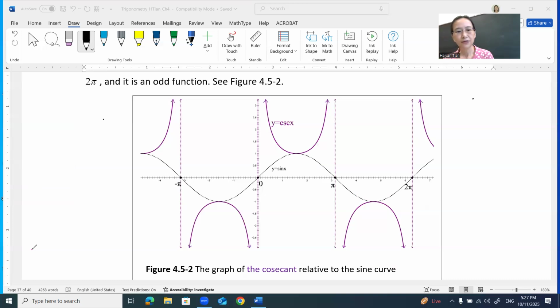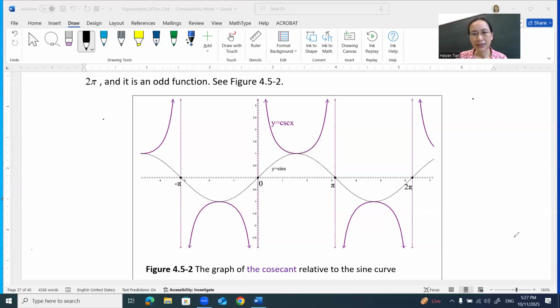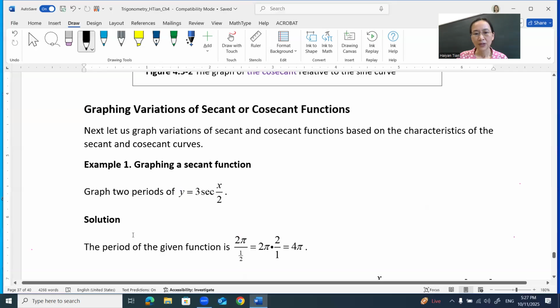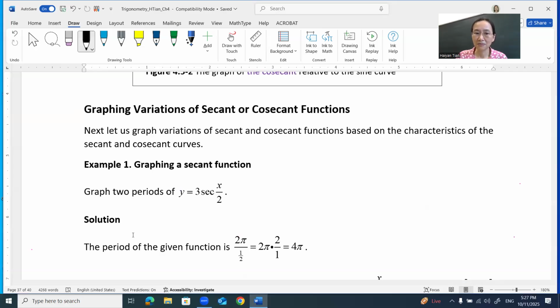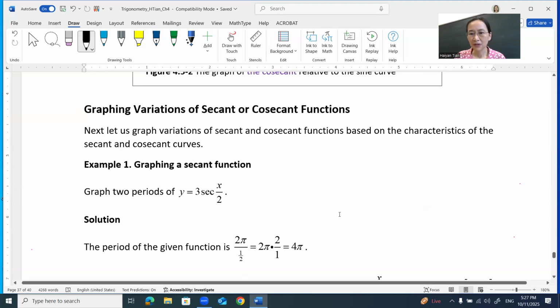And now if you want to do some variations of cosecant function, let's look at, for example, 3 secant half of x, or something cosecant.